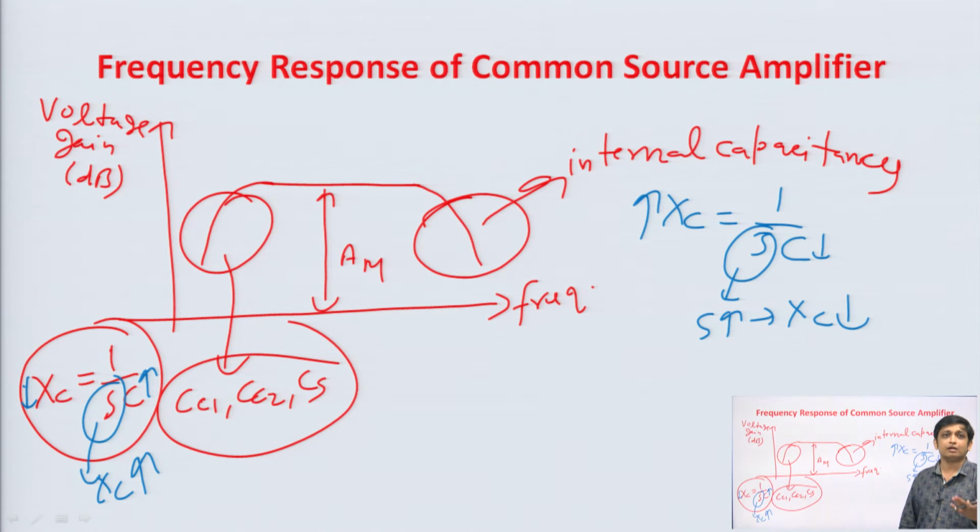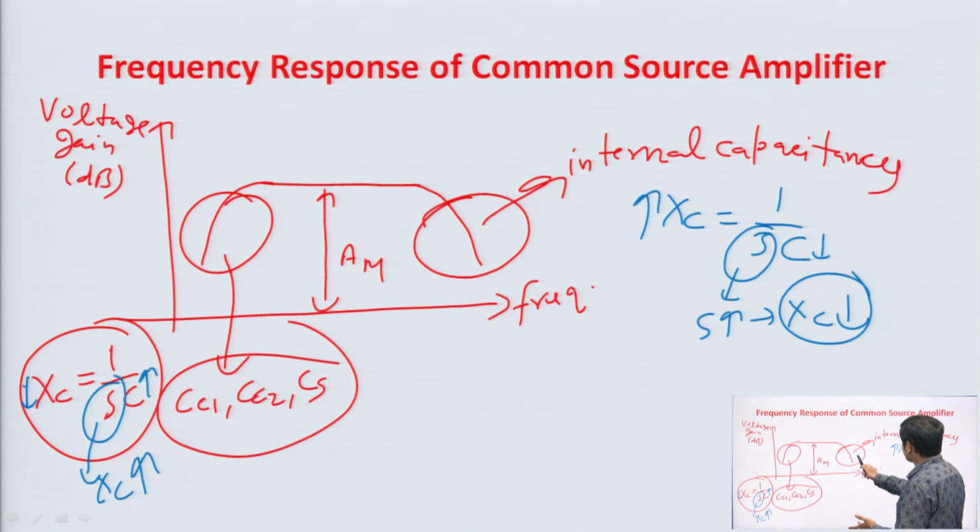It means that now the internal capacitances will no longer behave as an open circuit, because at high frequency the reactance, the capacitive impedance, is less. So, now the internal capacitances will no longer act as an open circuit, now they will play a role, and the role is that at high frequencies, due to these internal capacitances, the gain is reduced.